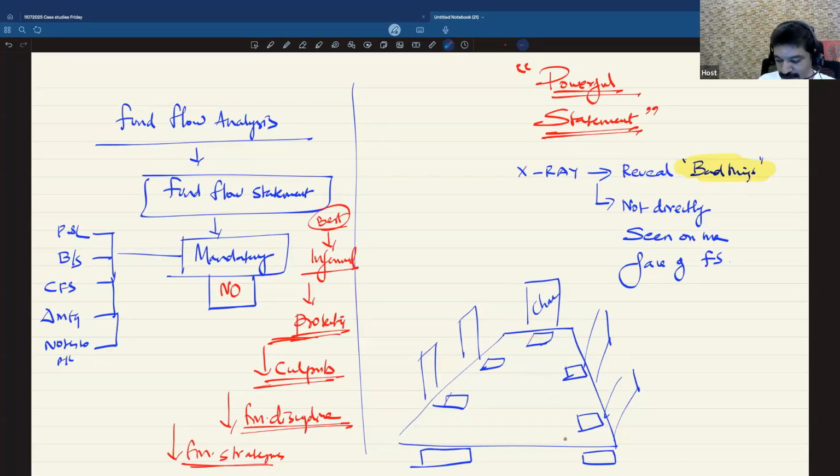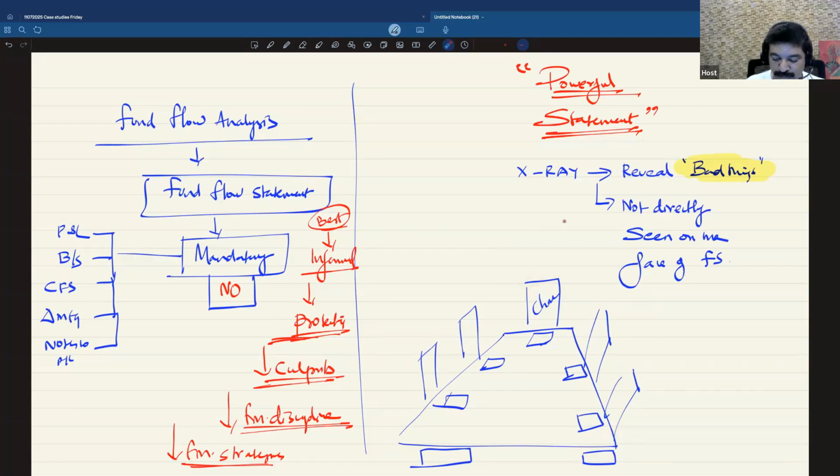That's the day I decided we should not take a chance with the fund flow statement and fund flow analysis, because people at the top, the bosses, are looking into this. For us, it can be a technical statement with a lot of technicalities, but the decision makers are looking at the fund flow statement and catching what we were unable to understand.